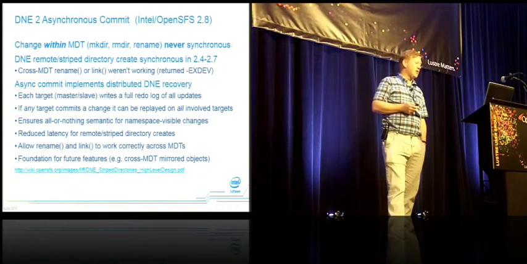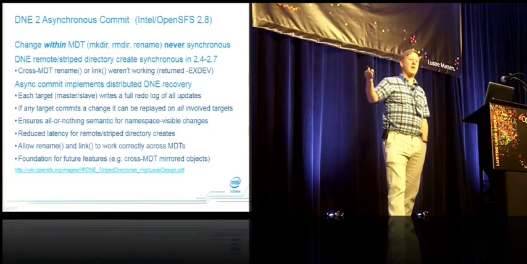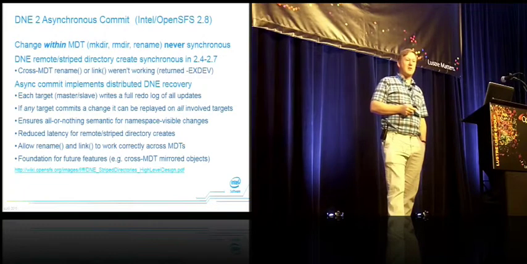With the asynchronous commit, you don't have to sync. There are still some ordering issues where, let's say, you're creating a series of nested stripe directories, and you have to make sure that you can recover that. So there still are ordering cases where you have to flush your commits, but they're definitely reduced.